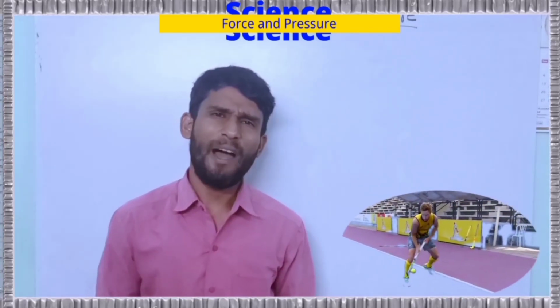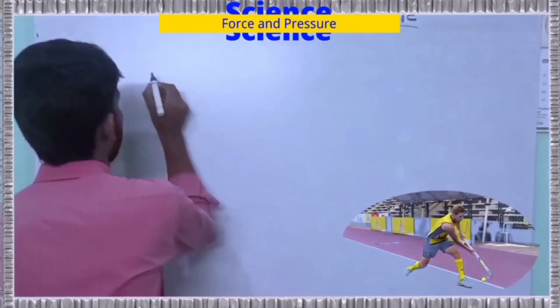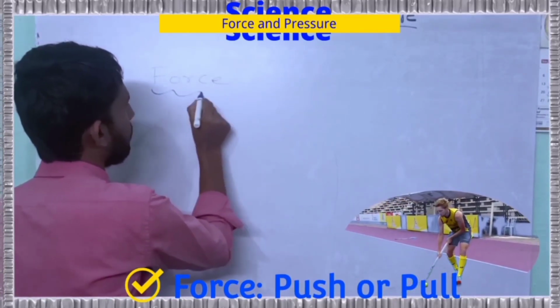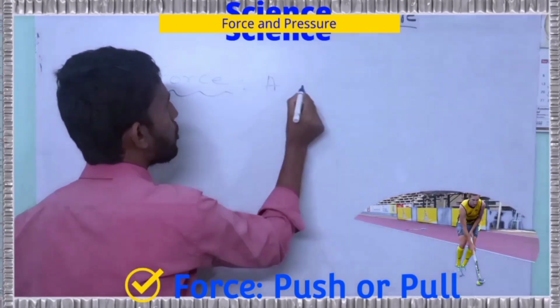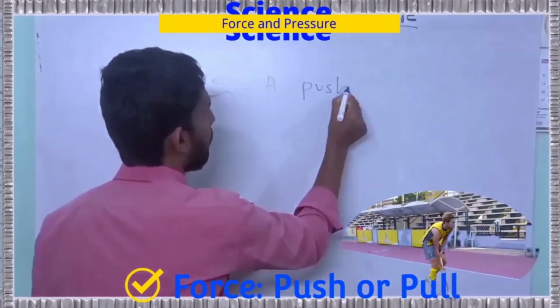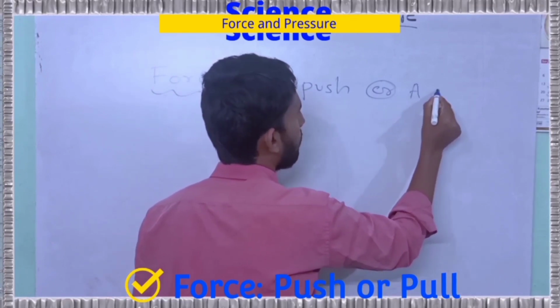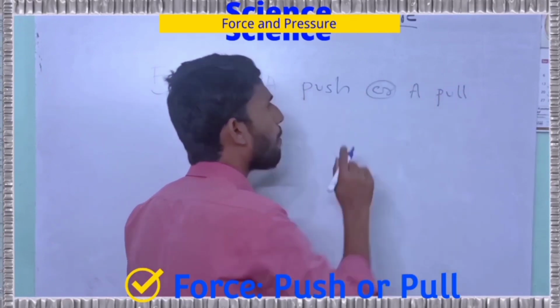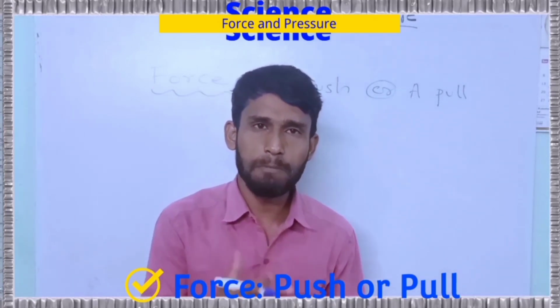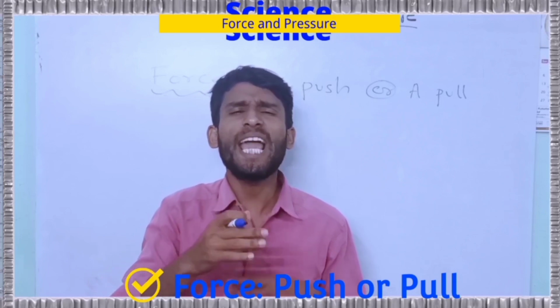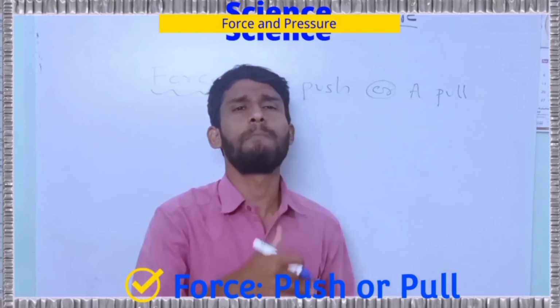Dear students, the first point I am taking here is force. Force: a push or a pull. See, when we push an object or when we pull an object, we apply force on that object.